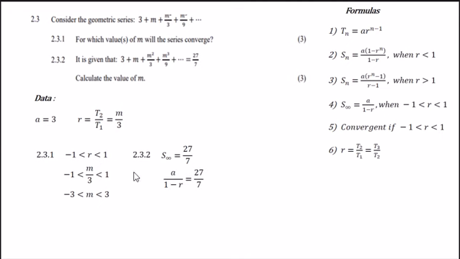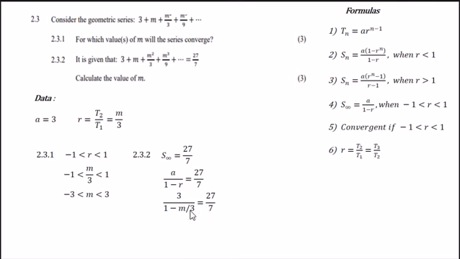The formula that we use for infinity is this one. For the sum to infinity, we use a divided by 1 minus r. Then we have a as 3 and r as m over 3. Then we cross multiply. 3 times 7 is 21.